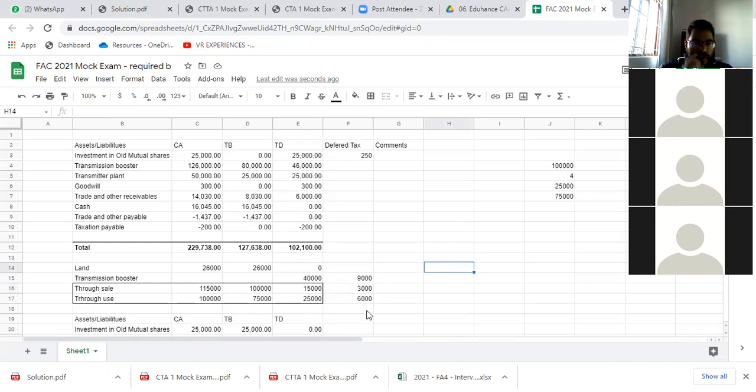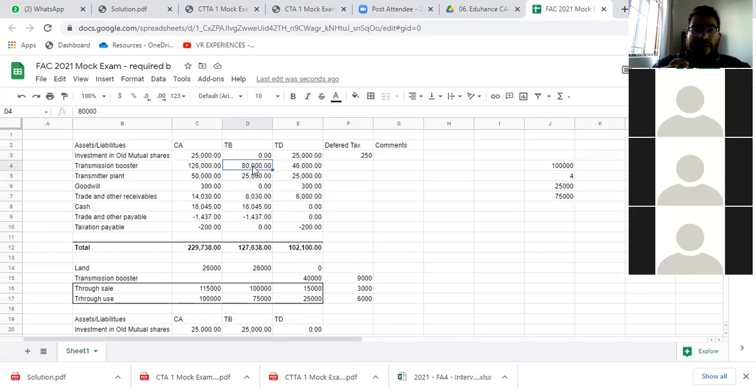Okay, so this is how you'll do it, but then you obviously remember you have to discuss it. When they say critically review, you will tell them that the transmission over here, we need to split it into two aspects: you must split it between the land and the transmission.